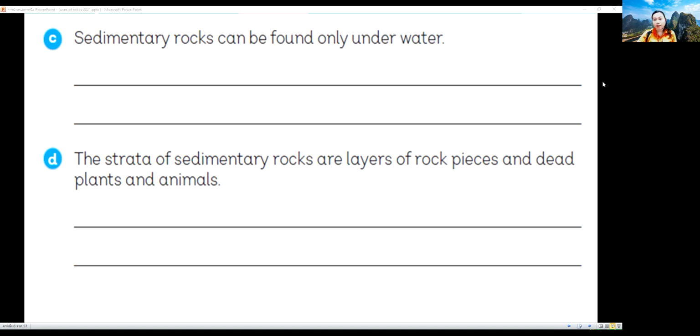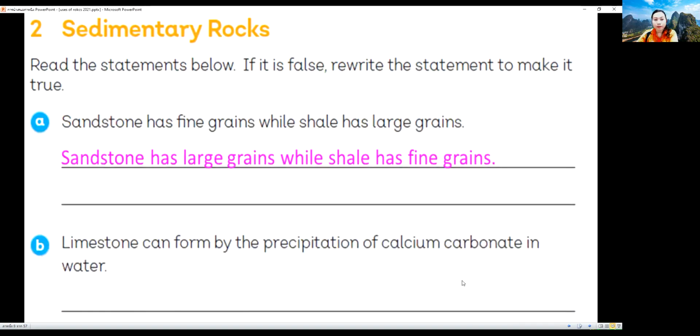Okay, let's check your answer. Ready for your answers? Number 1. Sandstone has fine grains while shale has large grains. This is wrong. Why? Instead of fine, it should be large grains, while shale has fine grains.